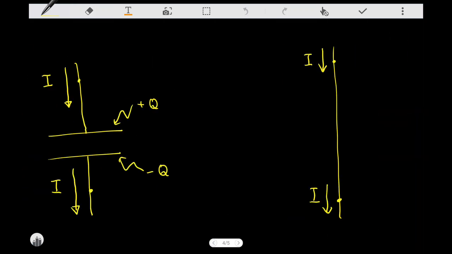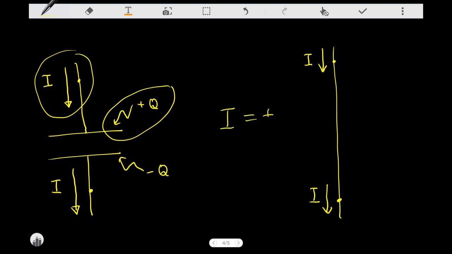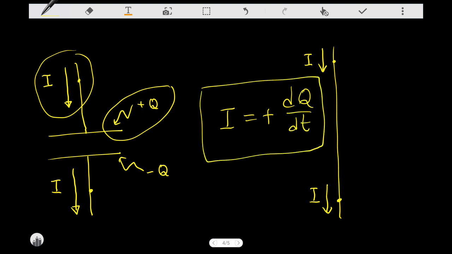But with the previous choice, where the charge is plus Q on that plate and the current is flowing towards that plate, the relationship has a positive sign in front of it, right? Since the plates and the directions are basically chosen by you in an arbitrary manner, this is one of the points that you have to be careful with.